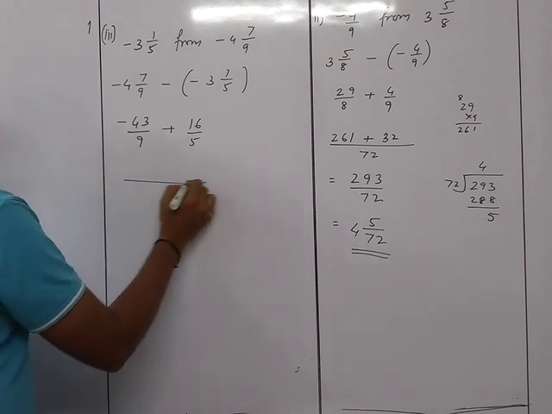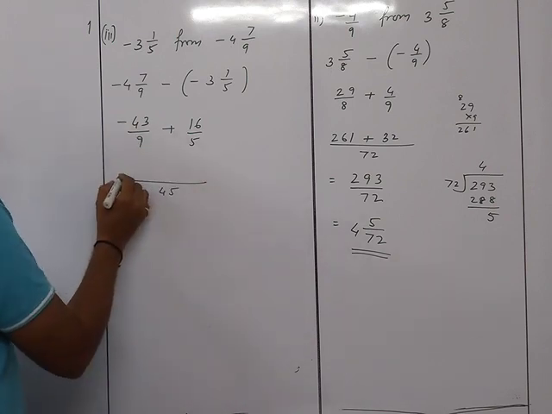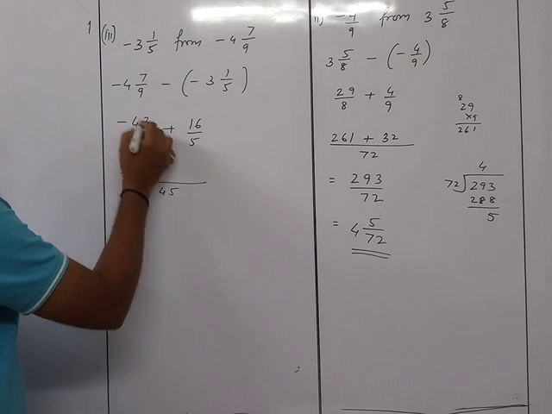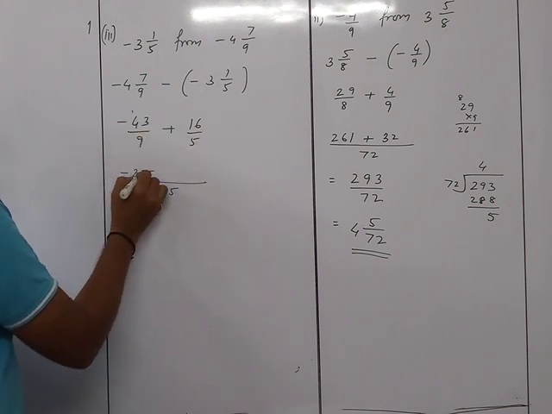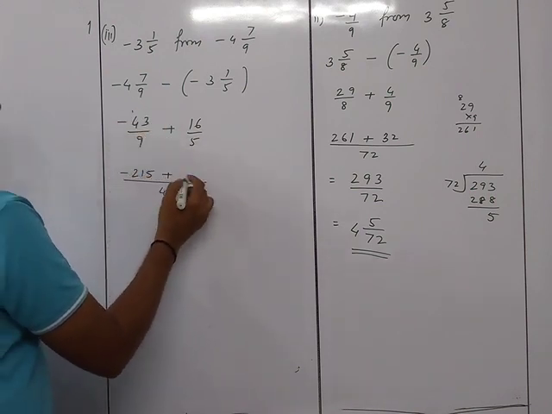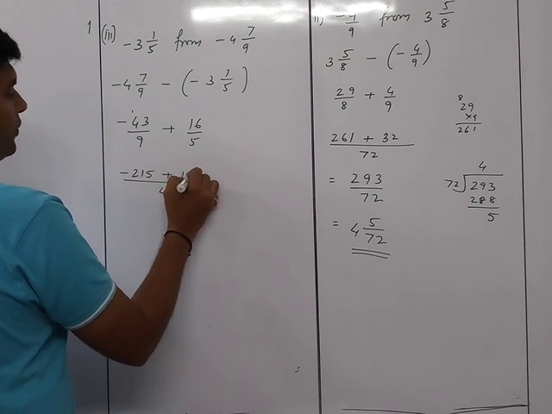That means the LCM is 45. 5 is minus 15 and 21, and this is 16. 9 is 144.